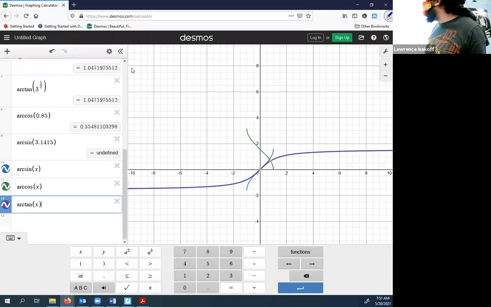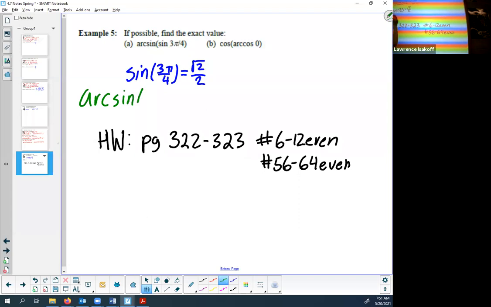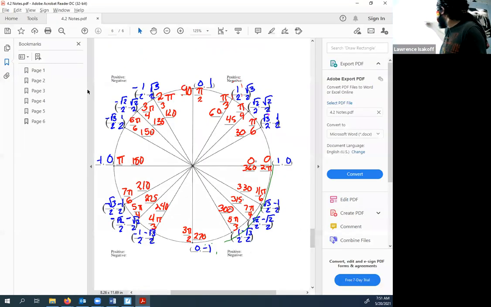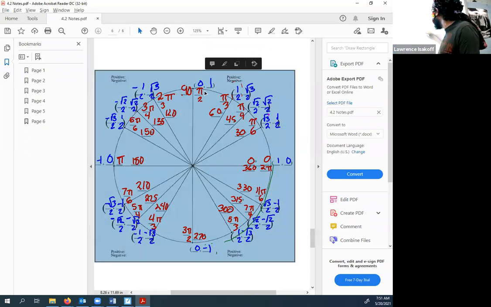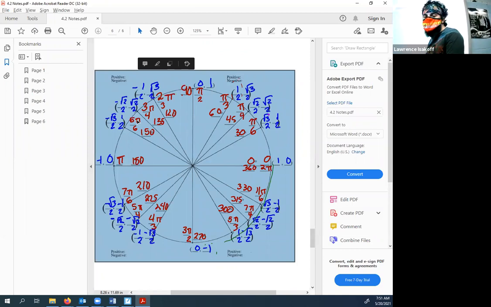So what I can then think of it as is now the arc sine of √2 over 2, and that's actually going to give me just pi over 4, because again, where is it positive? I'm only looking in these areas here, so it actually ends up being positive there. We notice that's reflected straight across the axis.